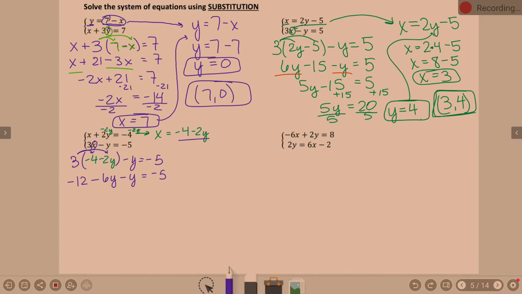Combine my terms. Look to solve it. Since I have 2 y's on the left, we can combine like terms, so I'm still going to have -12. What is -6y minus y? -7. Yeah. Remember, there is an invisible 1 here, and -6 minus 1 is -7y.